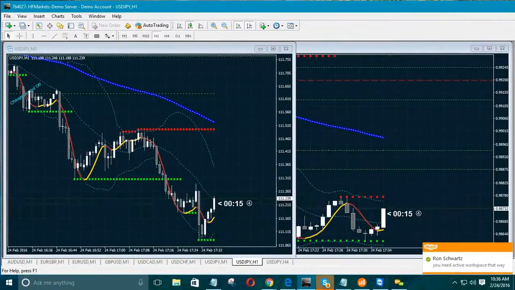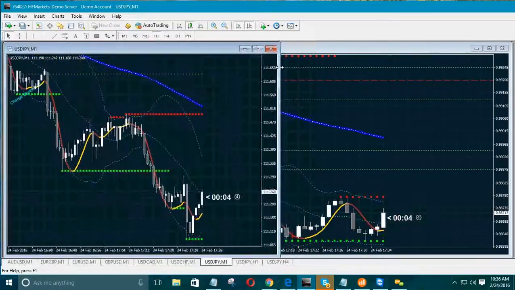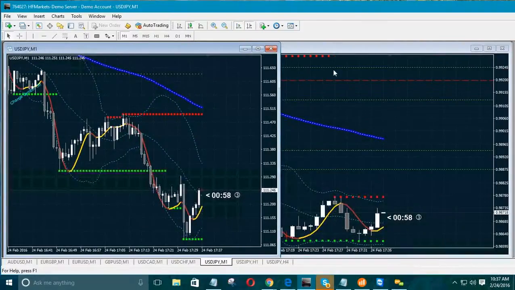Basically, you can save it as an active workspace, and if you have one screen, just make sure, say if you're trading USD JPY, that your 1 minute and 1 hour are side by side. If they're on two different screens, then it'll save your whole screen setup.